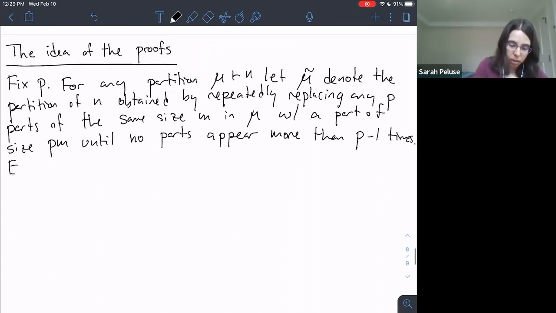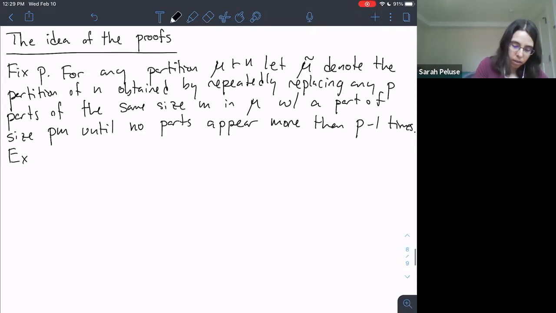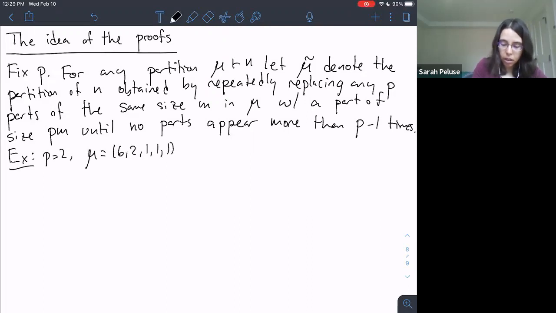So for example, the same one from the previous slide. If p is 2 and mu is the partition 6, 2, 1, 1, 1, then mu tilde is 6, 4, 1.